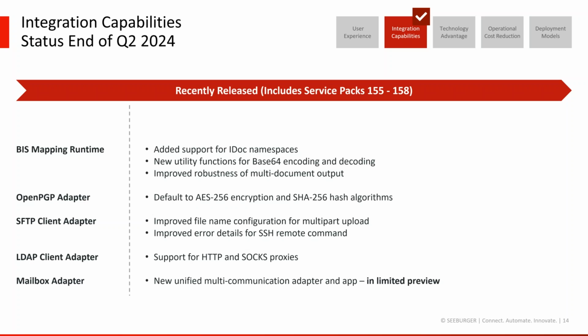That's a specific variant of IDOCs. We've added more functions. I'm here highlighting the base64 encoding and decoding functions, a typical use case for XML or JSON files that contain additional binary information that may be encoded in base64.